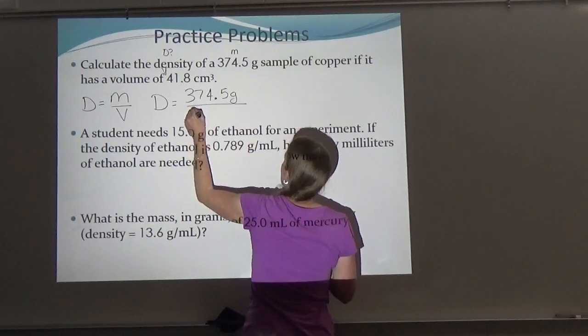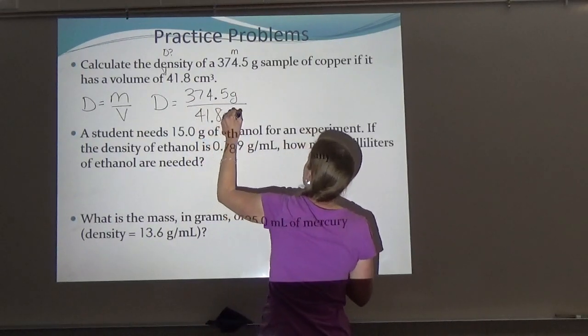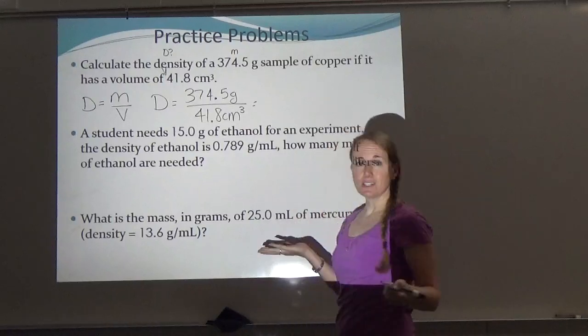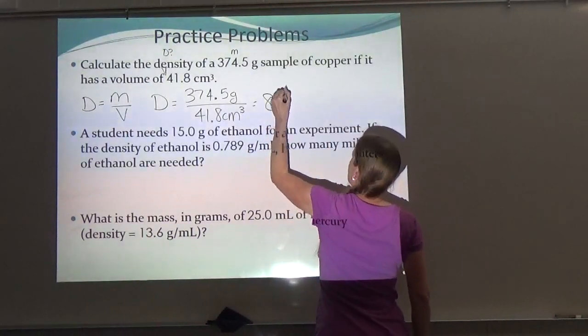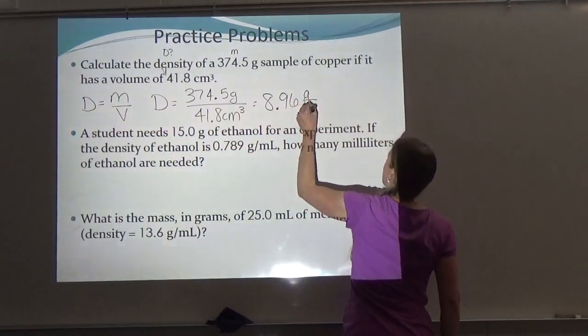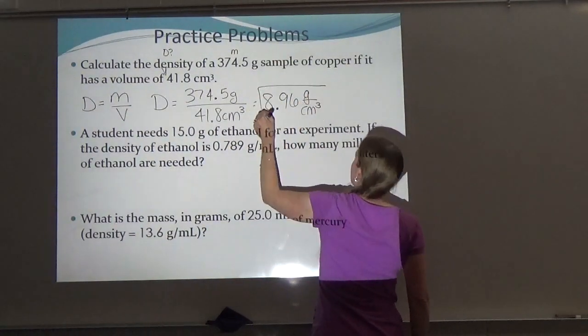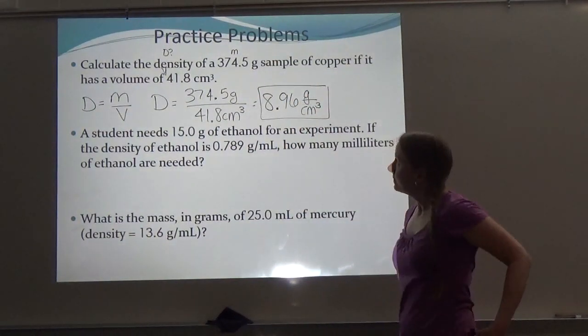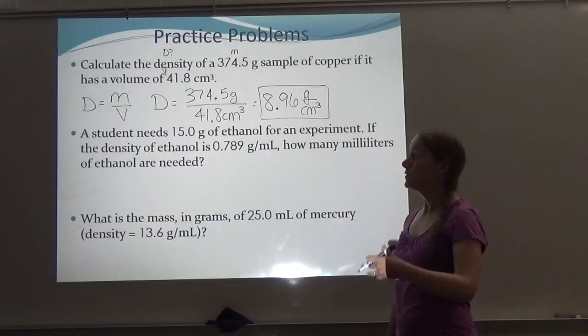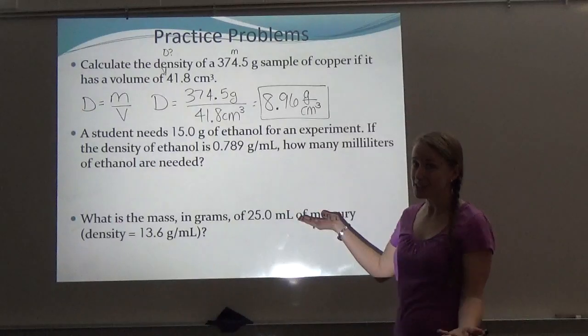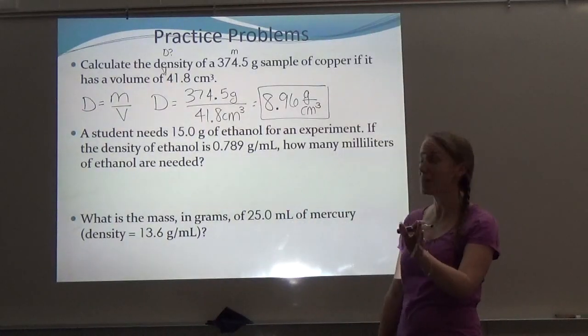My volume is 41.8 centimeters cubed, and so then I just divide. So once I divide that, I get 8.96 grams per centimeter cubed. Just like that. So these are a little bit easier than converting problems, right? However, I'm not going to lie, I can make you convert in a density problem. So just be aware it happens.